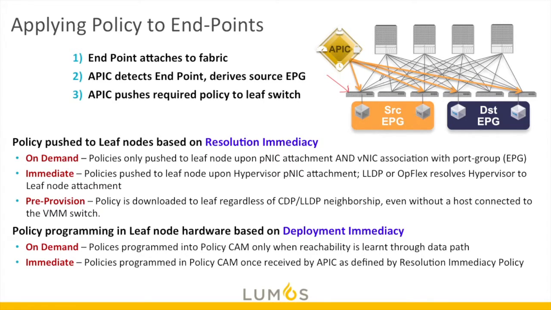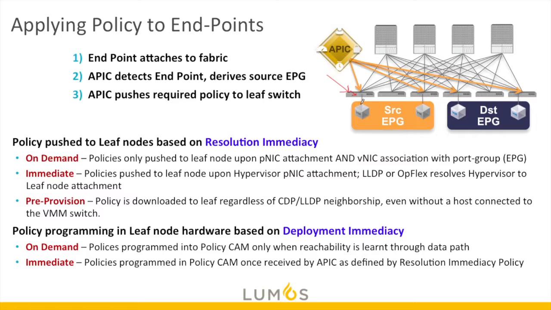The APIC will push the policy to the node, and then the node will push the policy into the ASIC, into the forwarding tables. Forwarding tables in networking, like TCAMs or CAMs, are a very limited resource. CAM memory and TCAM memory are valuable resources, and there's a limited amount of them, depending on the chip.